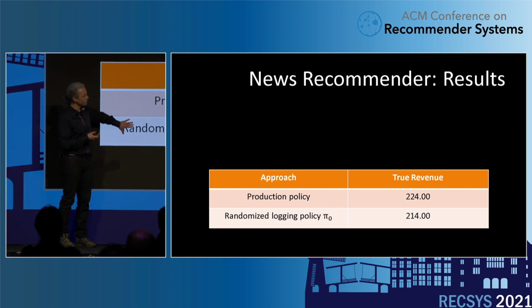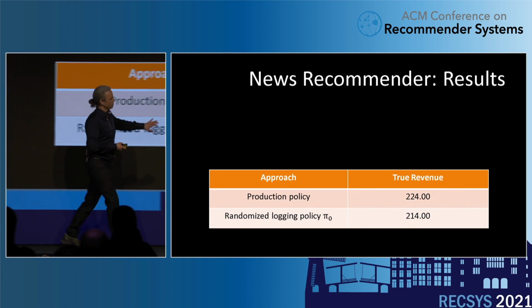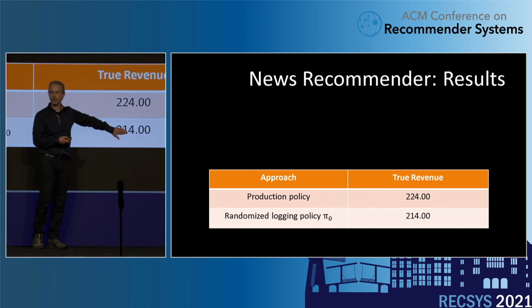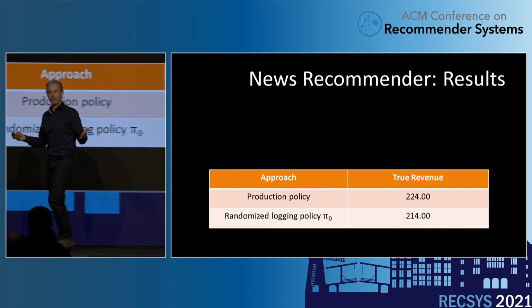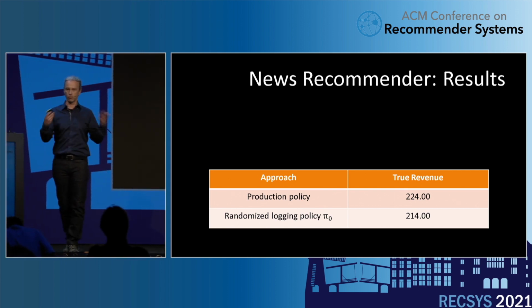And by introducing this randomization into pi-null for logging, we need to be a little bit stochastic during logging to get some probability that each of these actions actually gets explored. We lose a little bit of revenue, right? The randomness has some cost to it. But now we have log data that has sufficient support, that tries all of the actions with non-zero probability, and we can use that now for learning a better policy.